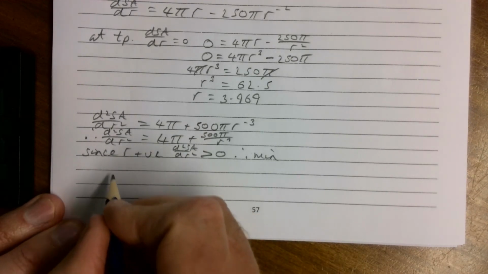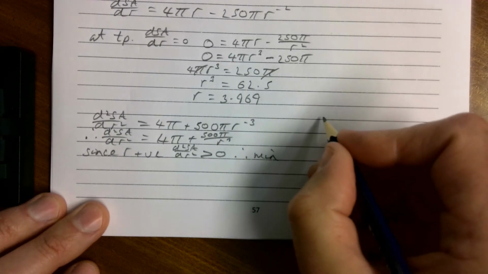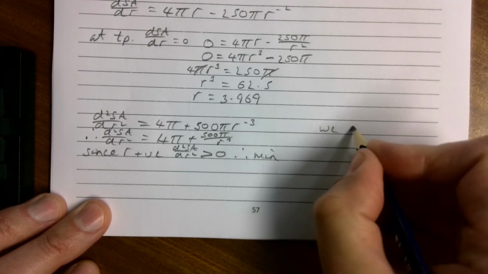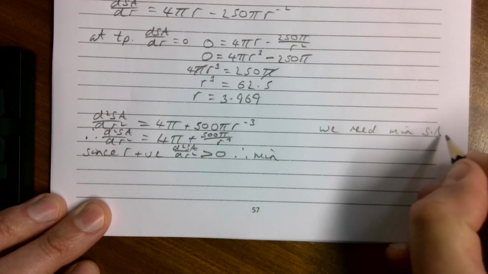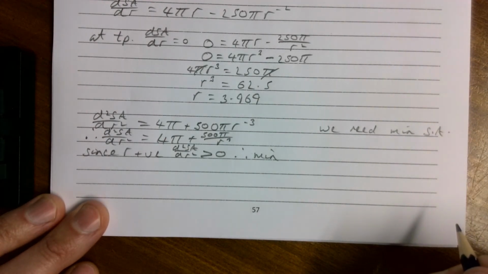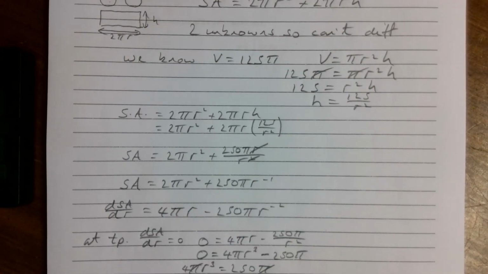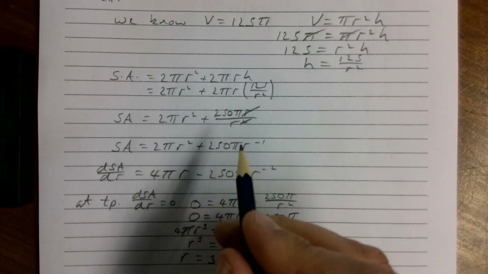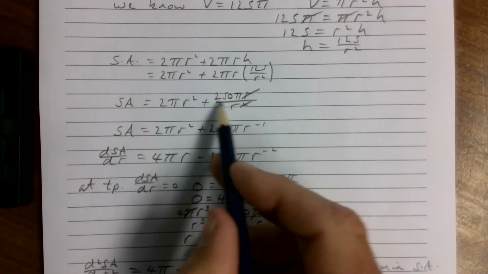We need then the minimum surface area, and so we will use whatever formula we have for surface area. Let's go for this one here with the r's cancelled out, and we just substitute then our 3.969 into it.